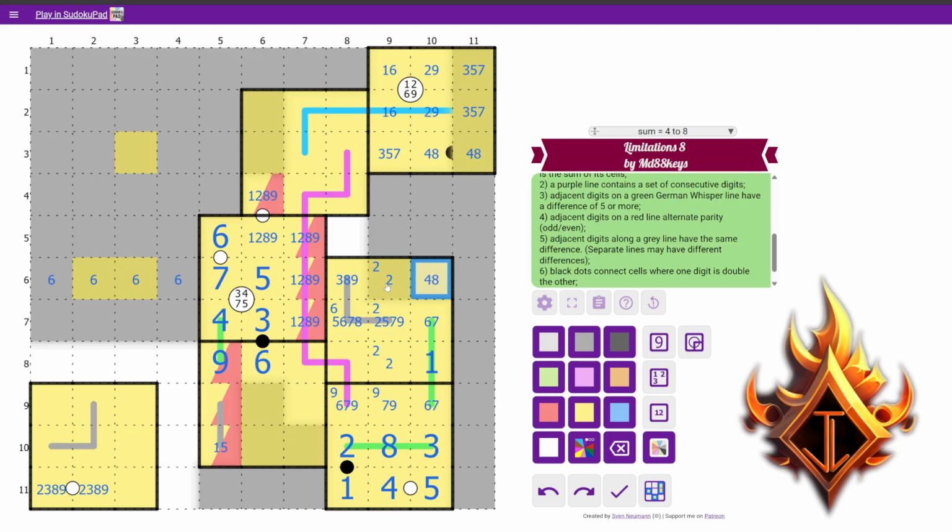Maybe I finish out this row? Let me do that. This cannot be a 1, it can be a 2. It can be a 3. It cannot be 4, 5. It cannot be 6.